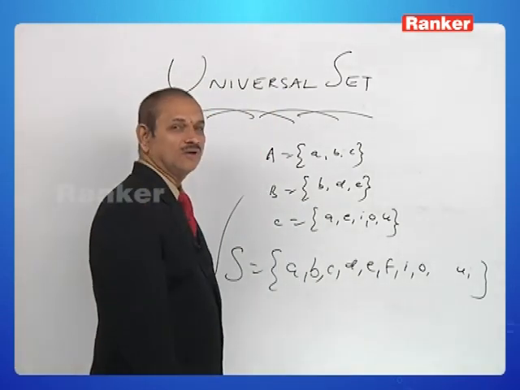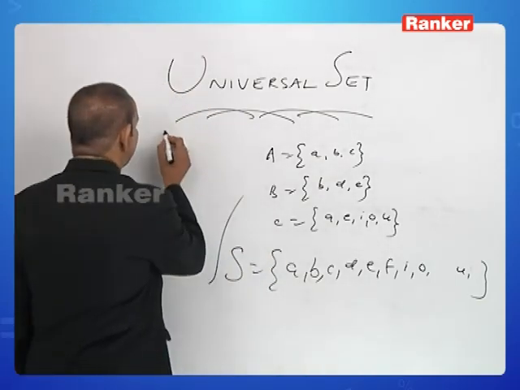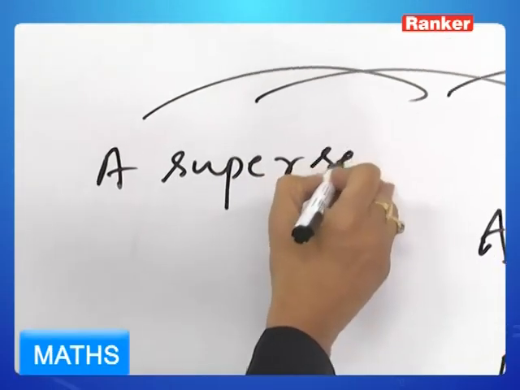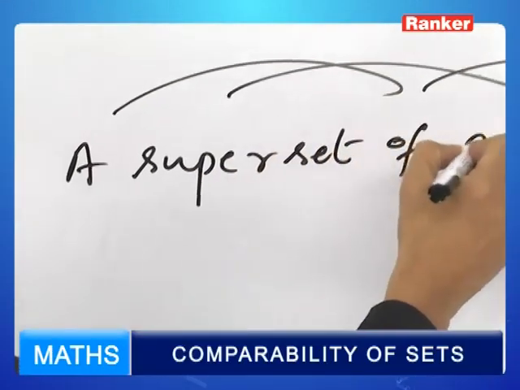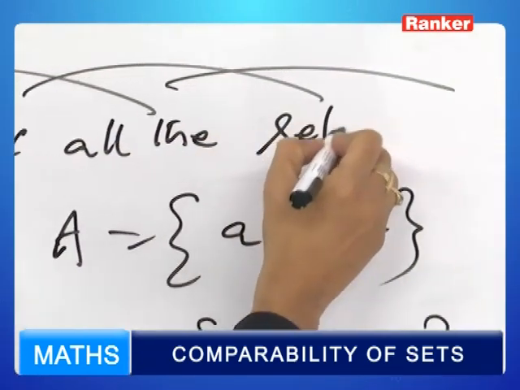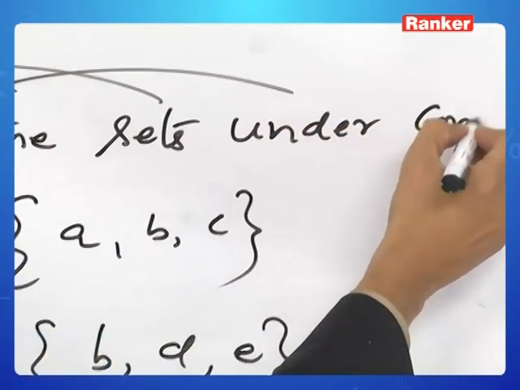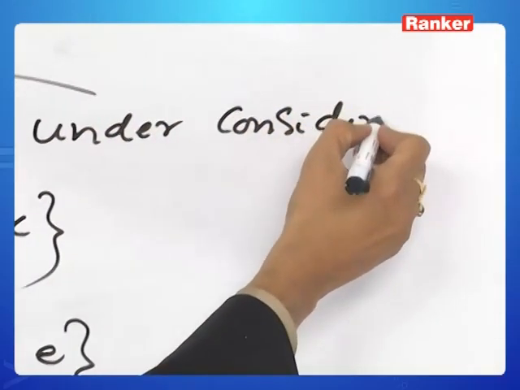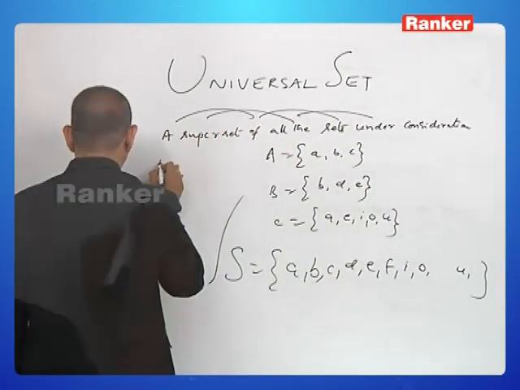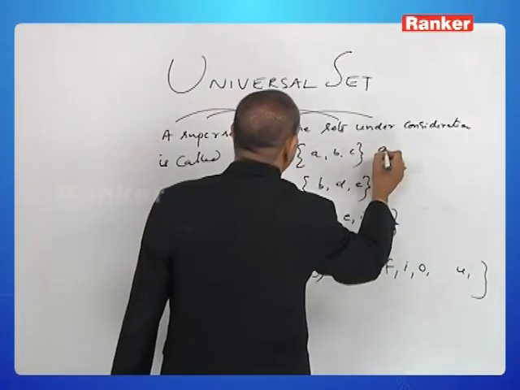That's it. So, let us try to write the sentence also. A superset of all these sets under consideration is called a universal set.